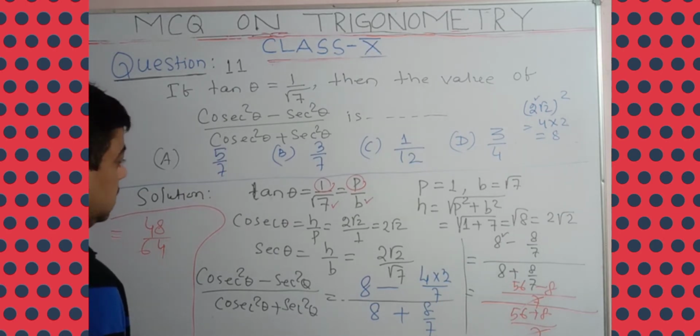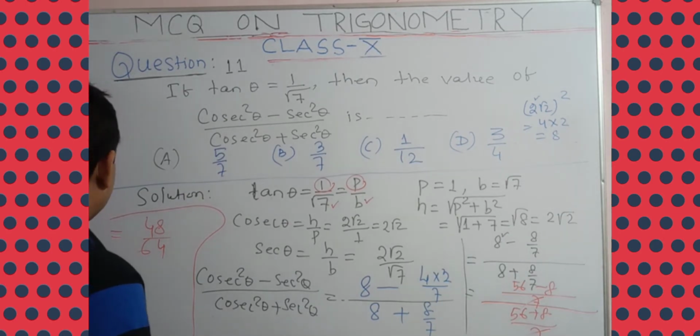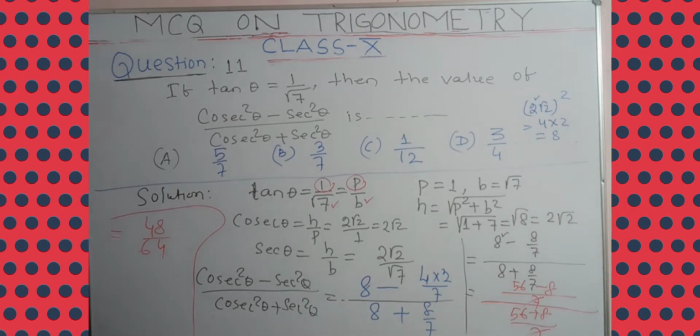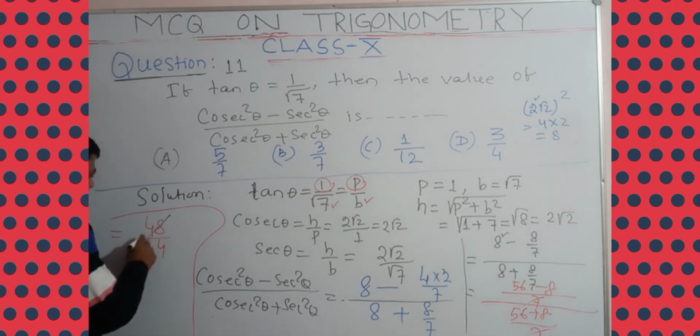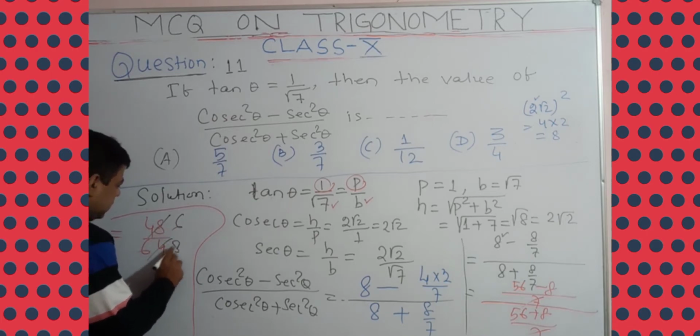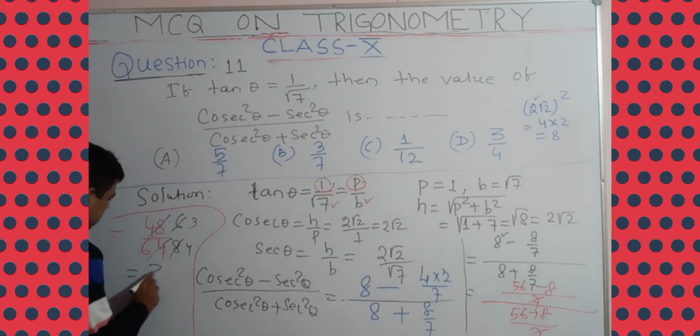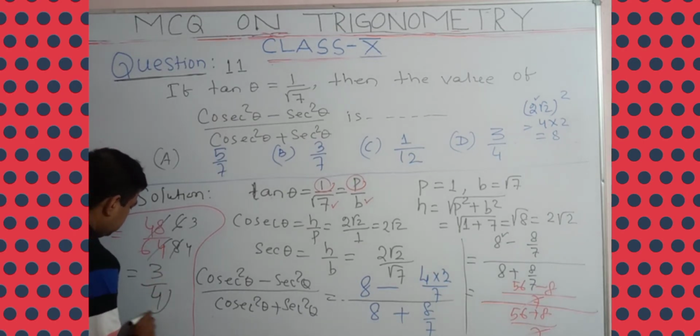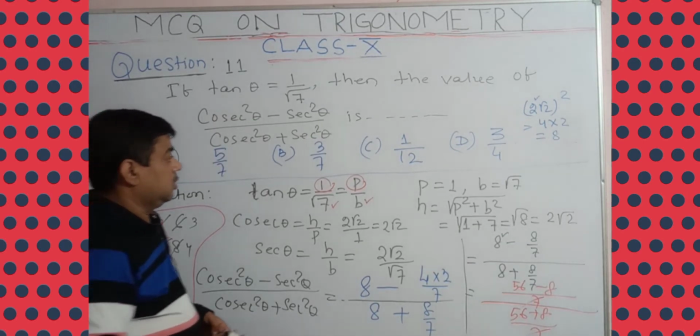So you can cancel here. 8 6s are 48, 8 8s are 64, and here 2 3s are 6, 2 4s are 8. The answer is 3 upon 4.